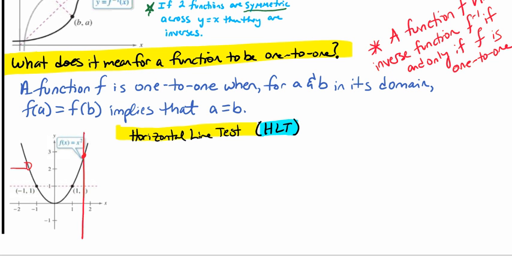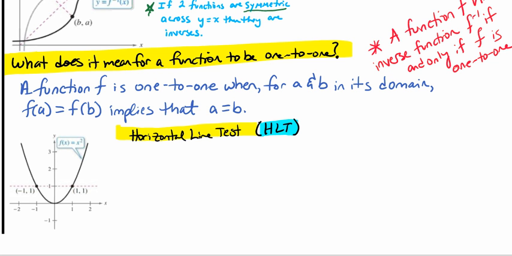For the horizontal line test, instead of having a vertical line, we're going to have a horizontal line. And the same thing applies. As long as it touches the function or the equation one time, then our inverse is 1-to-1. But if it touches it twice, then f is not 1-to-1, and that's going to make it so that it does not have an inverse.